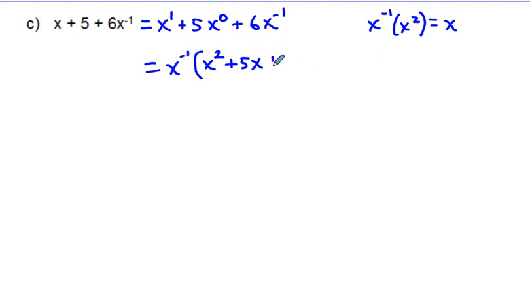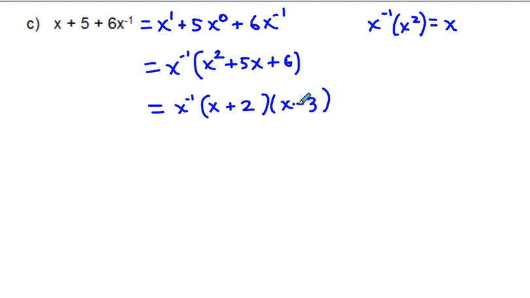And finally we'll have plus 6, and then that's going to be equal to x to the negative 1 power times quantity x plus 2, x minus 2, or x minus 3, excuse me, x minus 2.